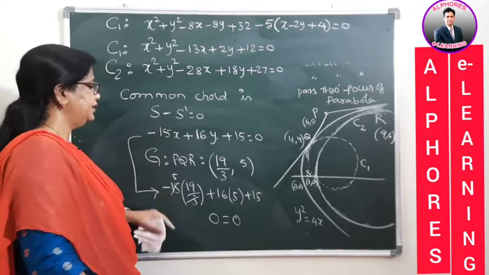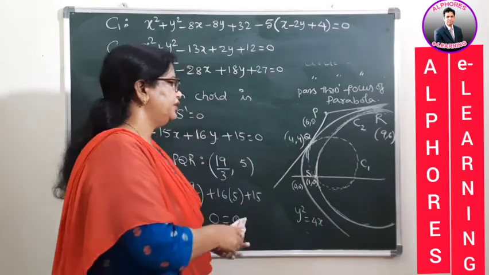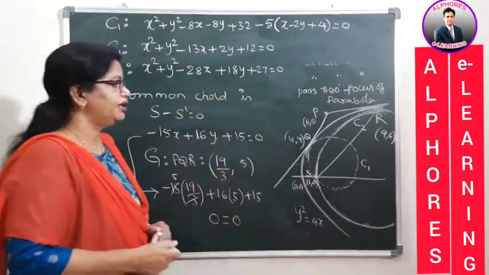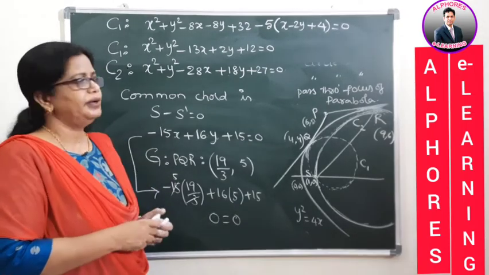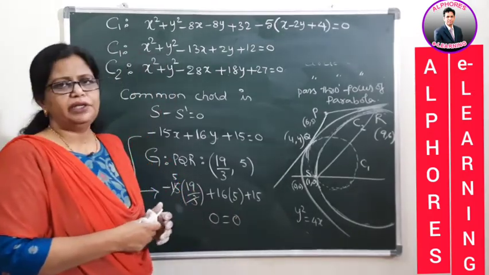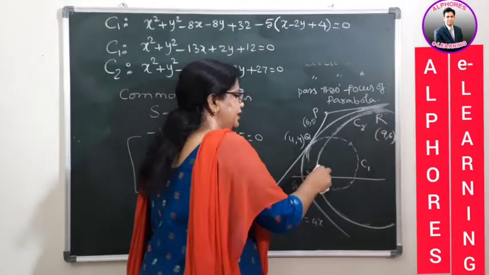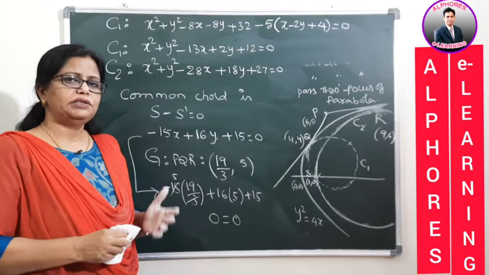Now once you got in this way, that means the common chord of these two circles, whatever the common chord we got here, it is passing through exactly which one? The centroid of the triangle PQR. Okay. So in this way, students, they may ask the problems in any ways. So you need to observe carefully the concept of circle is important, at the same time parabola also important.